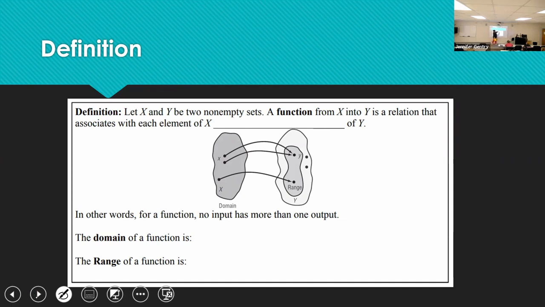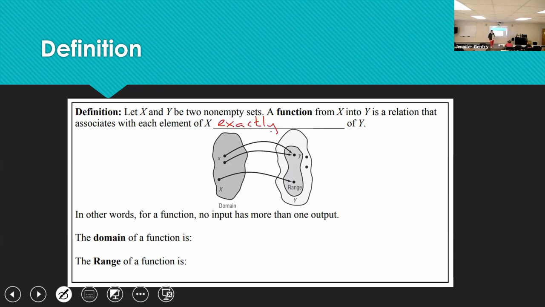A function from X into Y is a relation that associates with each element of X how many values of Y? If I have an X and it's a function, how many Y's can I have? One. Exactly. One. Right? That's what makes it a function.